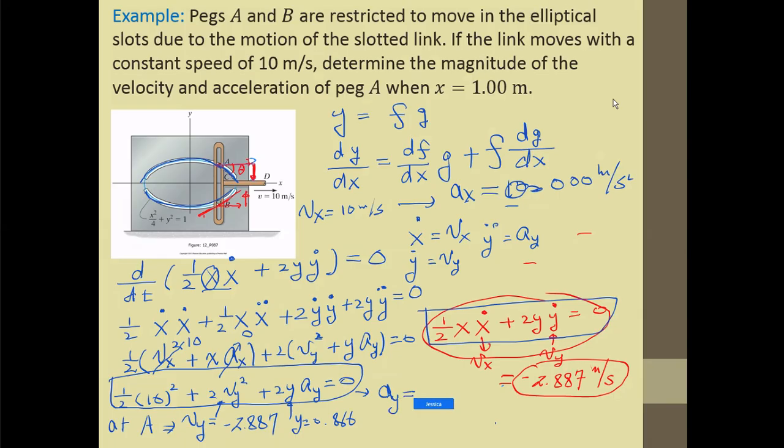Rearrange the formula and solve for a sub y. I'm going to skip that algebra. That turns out to be negative 38.49 meters per second squared. Now then, let's graph this at point A.